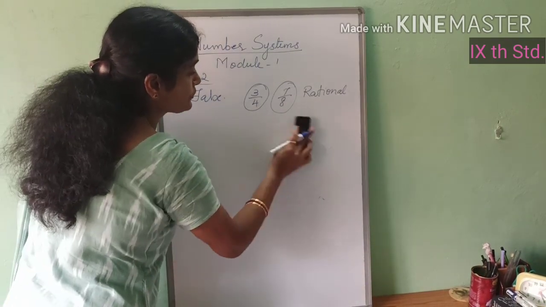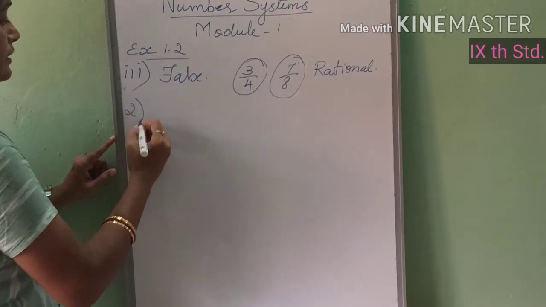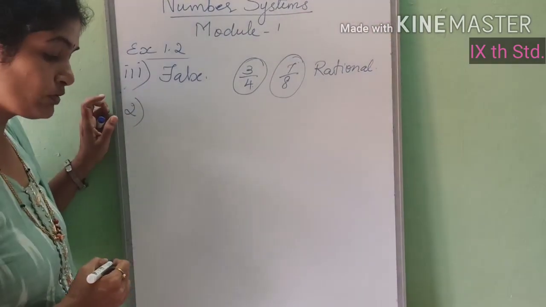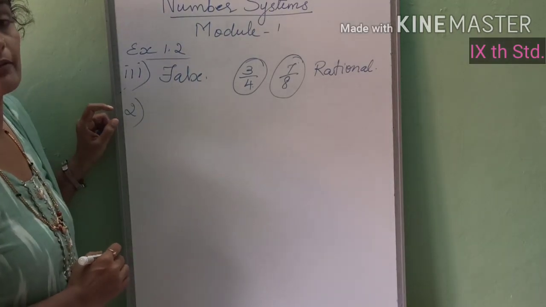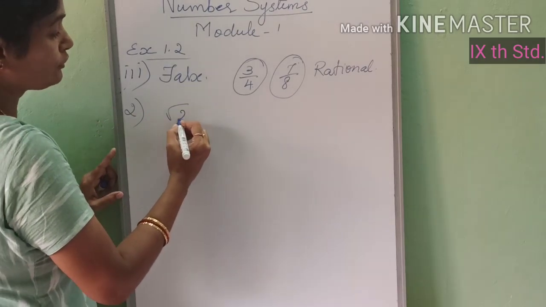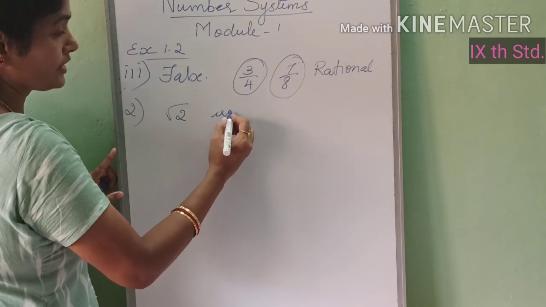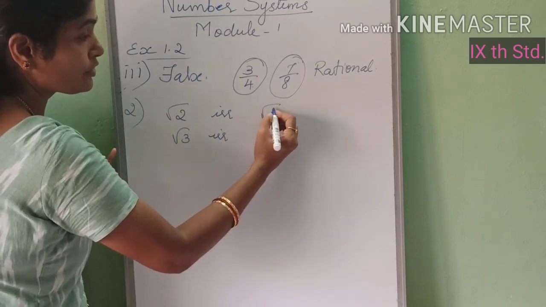Then moving on to the next question, second question. Are the square roots of all positive integers irrational? Now suppose I take the square root of 2, it is irrational. Square root of 3 is irrational. What about the square root of 4?